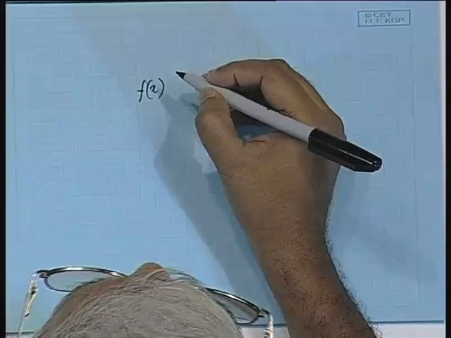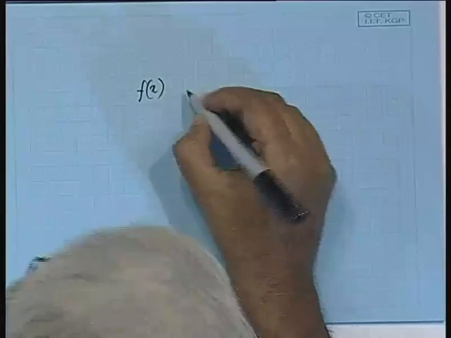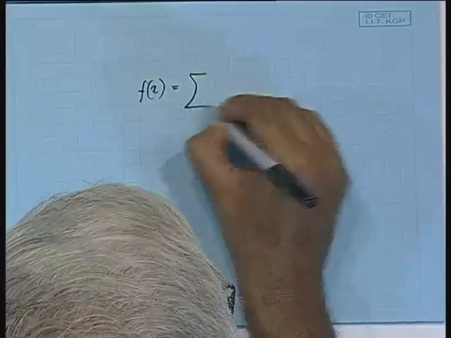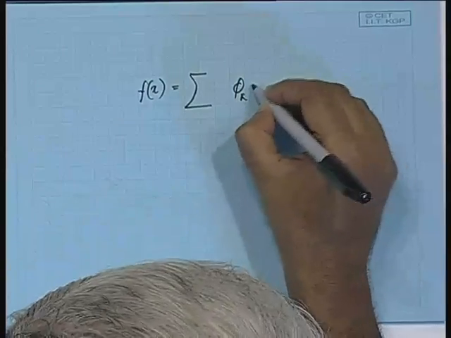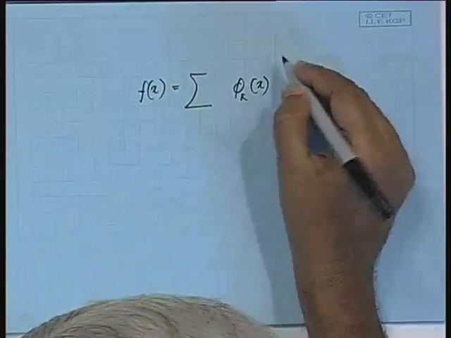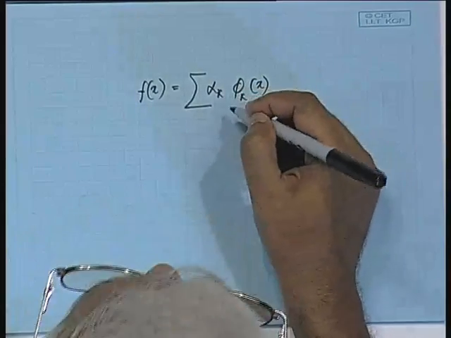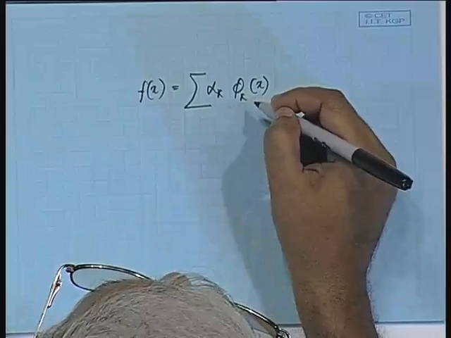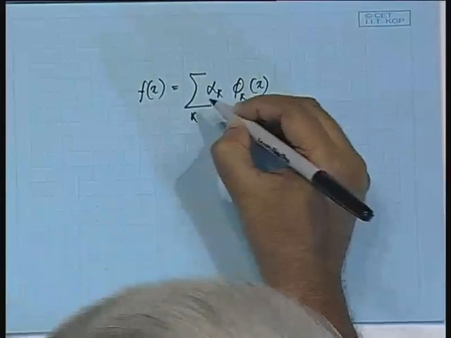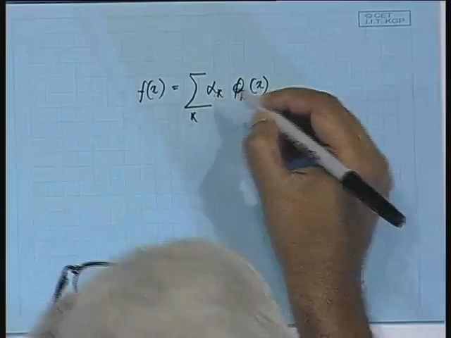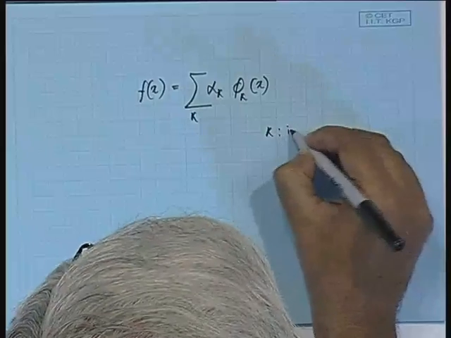It is possible for us to express this real valued function in terms of an expansion function like this, as a sum of the coefficients alpha k times phi k of x, summed over k. Now, in this case k is an integer index of summation.